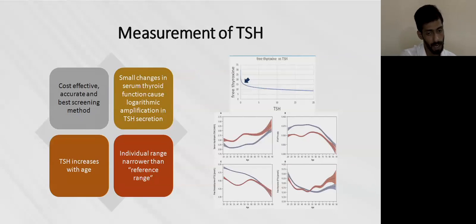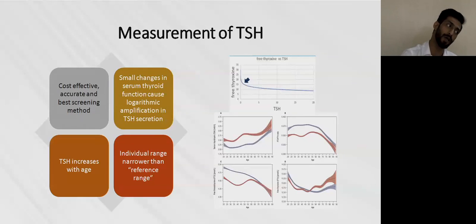Now, a few points that we should remember about checking TSH: it's not a foolproof test, because there is a big difficulty in defining reference ranges. What is a normal TSH is very difficult to define; it varies between populations, between labs, and between the assays that are used.